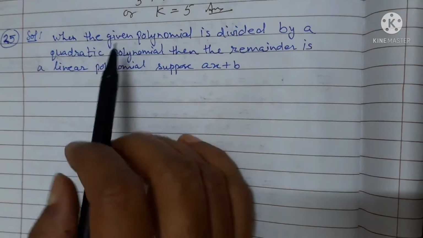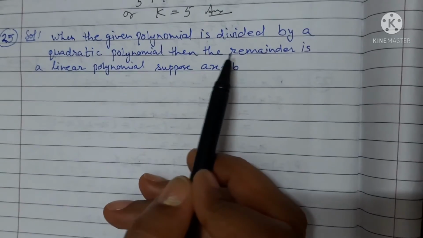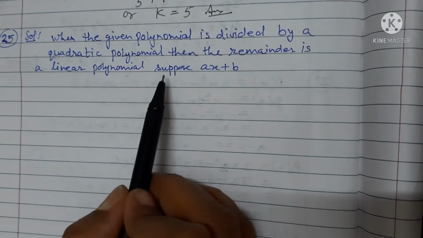Now for the solution. When the given polynomial is divided by a quadratic polynomial, then the remainder is a linear polynomial.